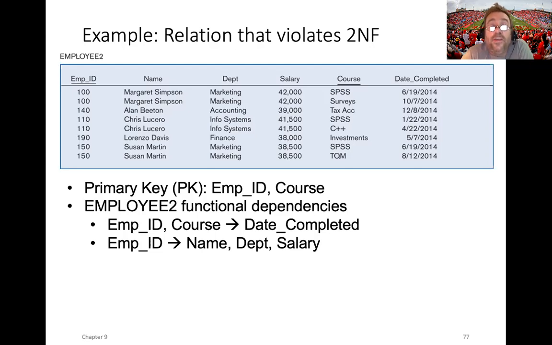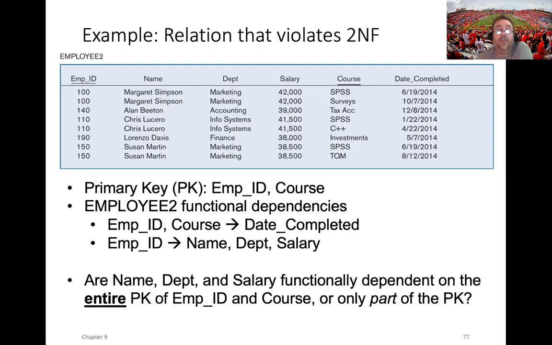The issue arises with emp_id functionally determining name, department, and salary. What's our primary key? Our primary key is emp_id and course, those 2 attributes. But we know that emp_id, which is only part of our primary key, functionally determines name, department, and salary. With an emp_id of 100, we know there's a single value of Margaret Simpson, marketing, and 42,000.